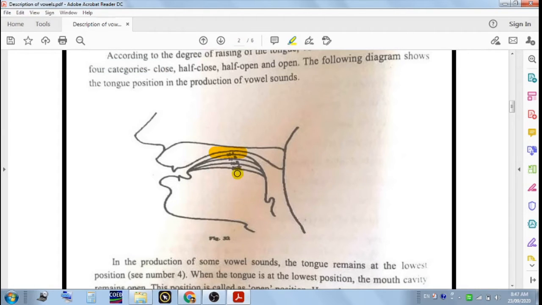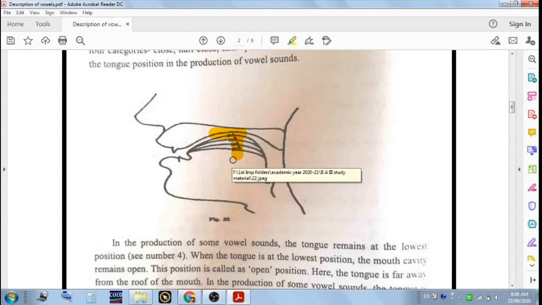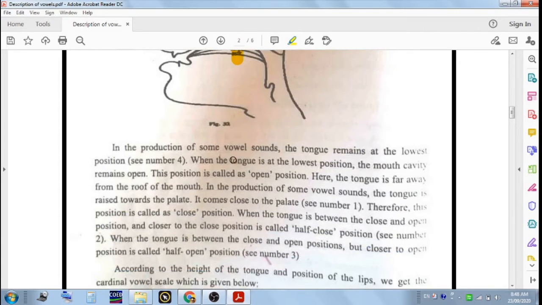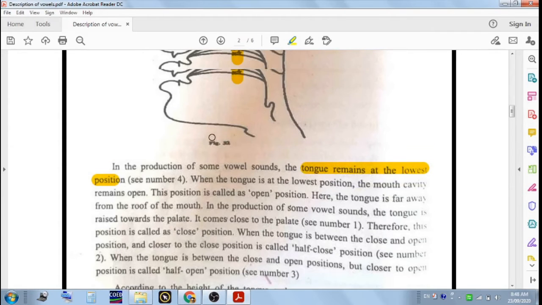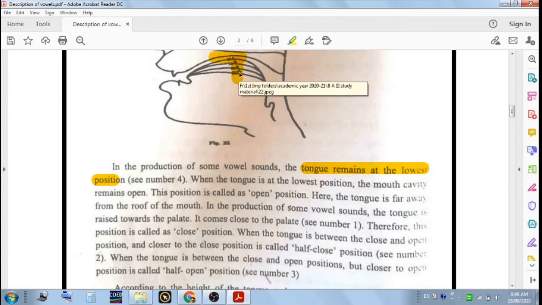Sometimes this is the central part of the tongue that is raised towards the palate. Sometimes the tongue remains at the lowest position. See for example 4 here.